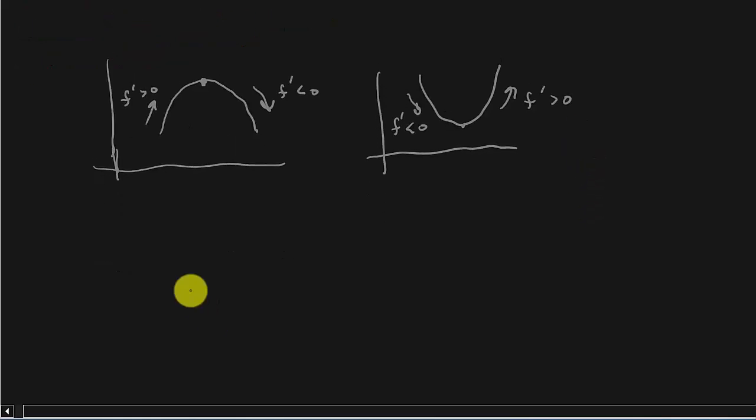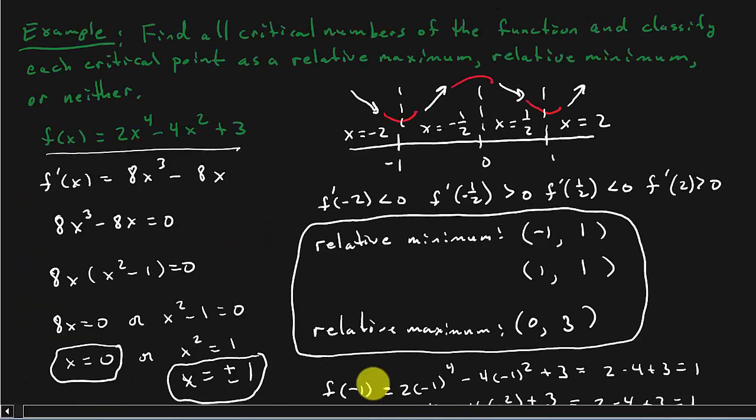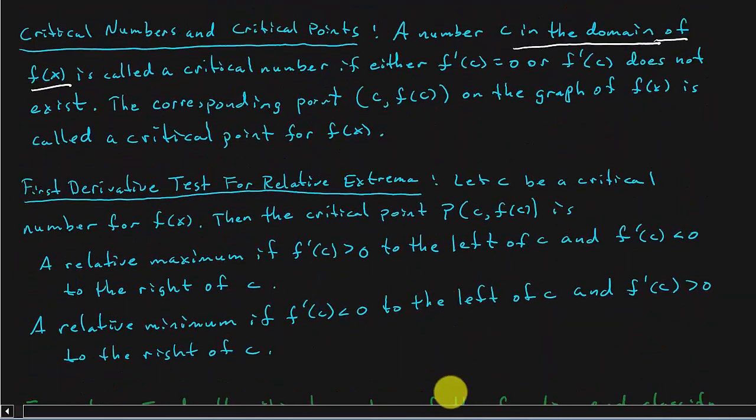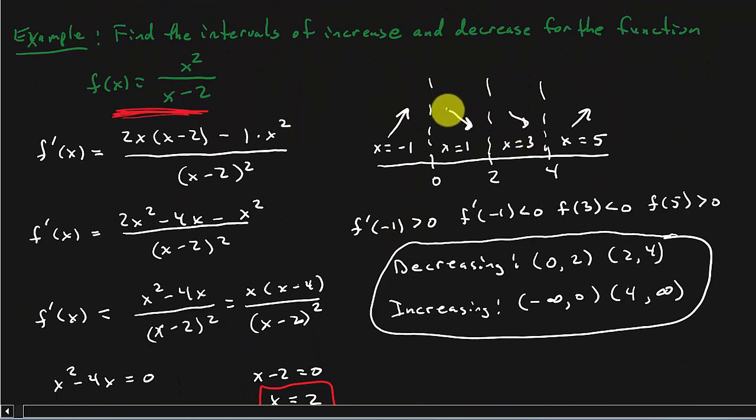Now, what if we have something like this? It's increasing, so f prime is positive, and here f prime is positive. Remember that problem where it was decreasing?